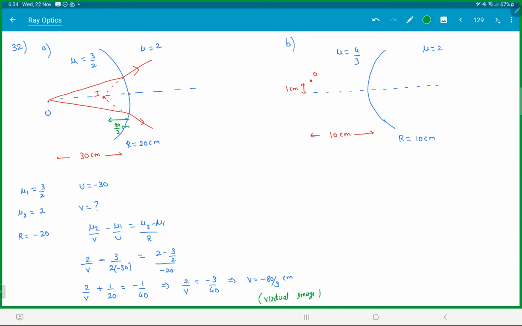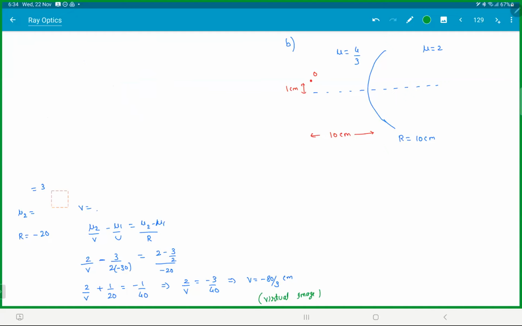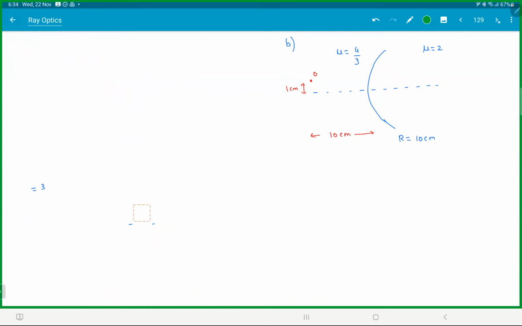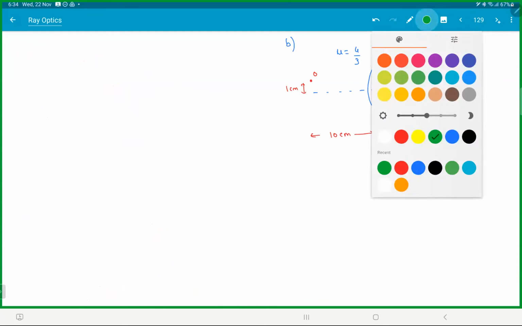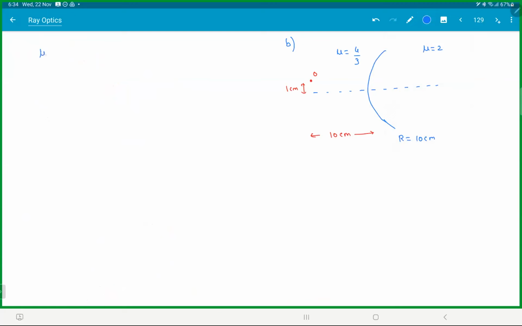Let's see. Mu1 is 4/3. Mu2 is 2. R is +10. U is -10.